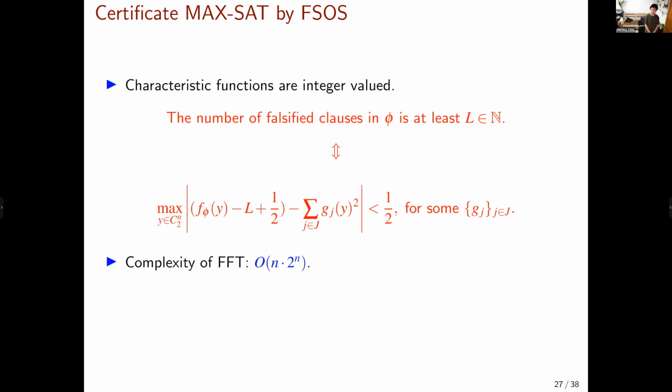However, if we still use our previous algorithm, then the complexity of the FFT will be n times 2 to the power of n, and this complexity is not acceptable. So we wonder if we could compute the sparse Fourier sum of squares faster, faster than the fast Fourier transform.